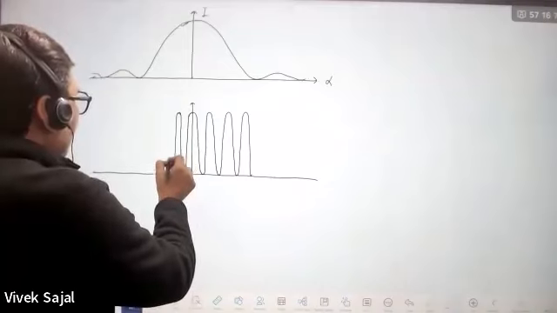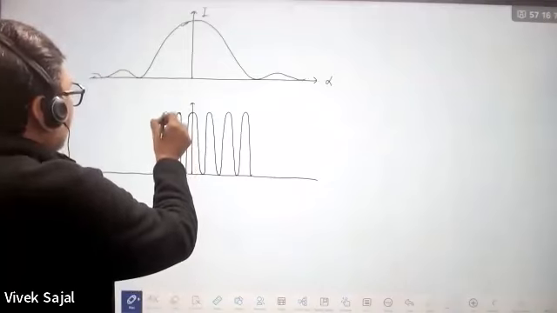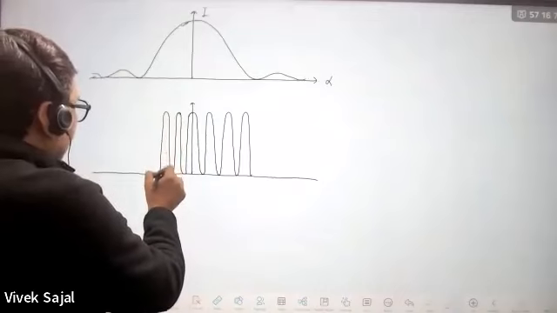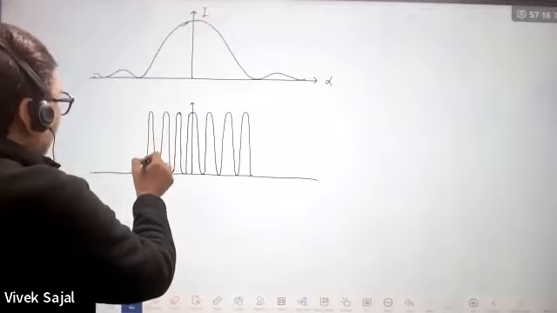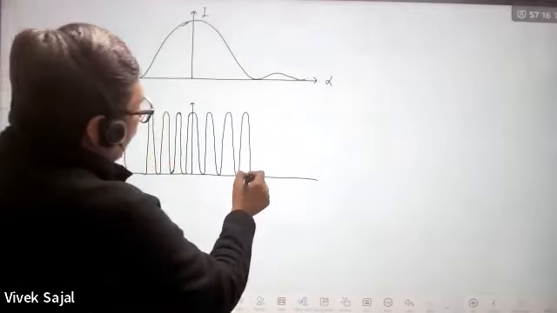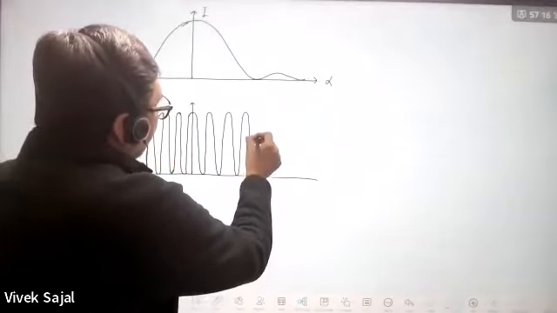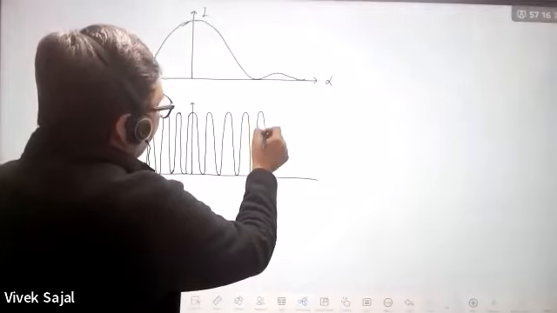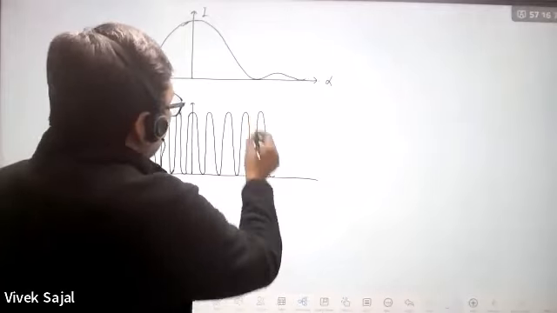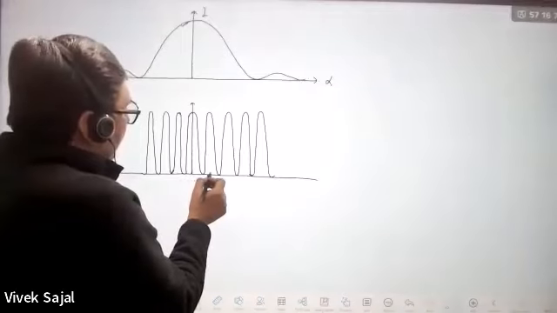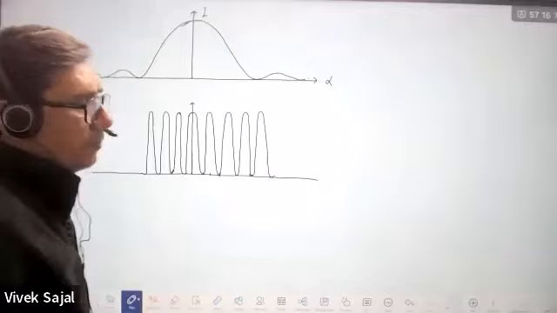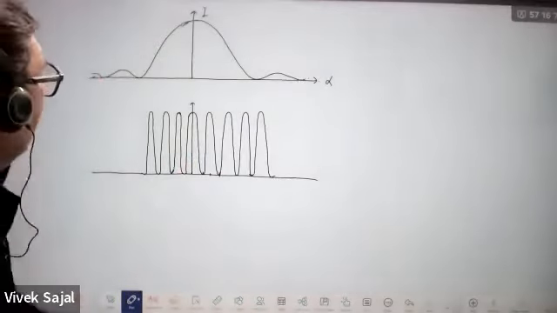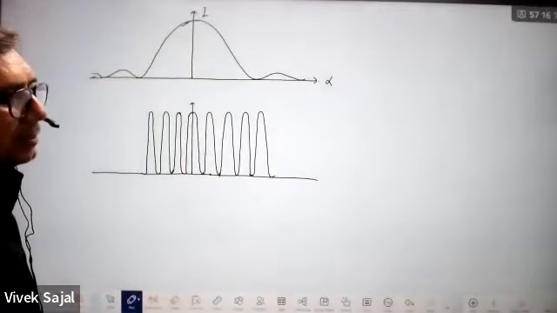They will be of equal width. Spacing will be equal. They may look like here that their width is different, but they are having equal width as well as equal spacing. Beta is same. So here to here separation, that is beta. Here to here separation, that is beta. So this type of interference pattern you are going to get.